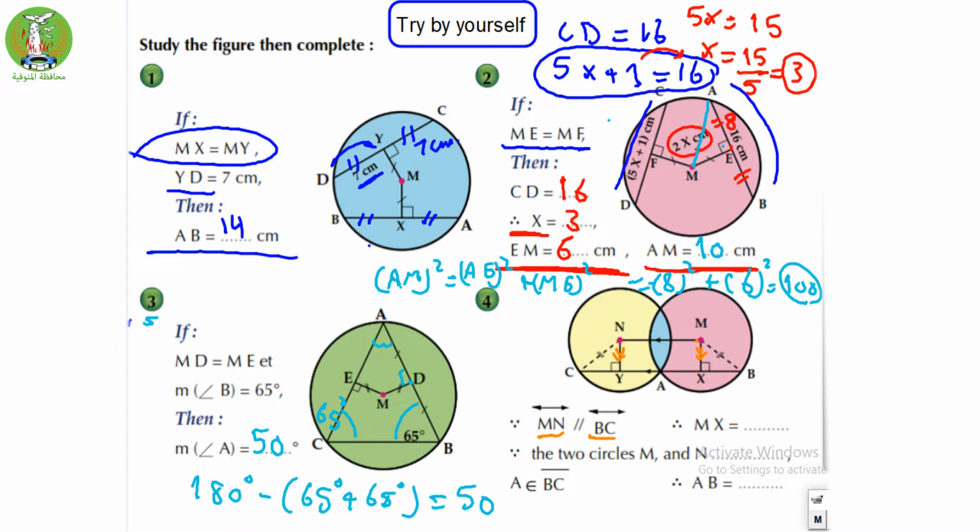Okay? The two triangles here, MXB and NYC, are congruent, then we will do that MX equals NY. Since the two circles M and N are congruent, and AD belongs to BC, then AB equals AC.